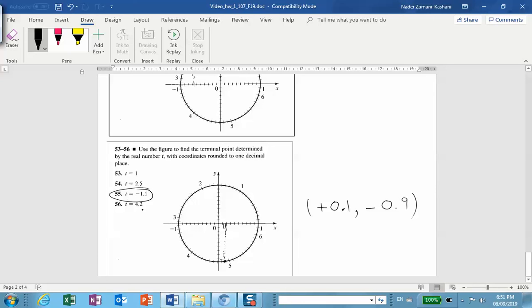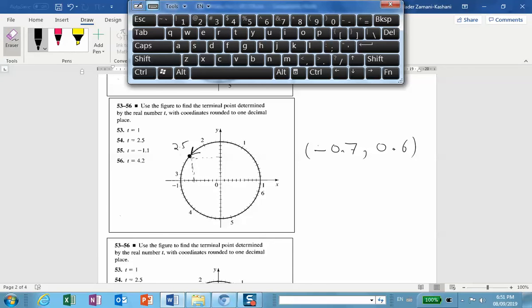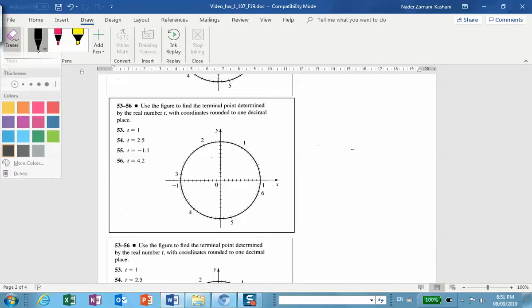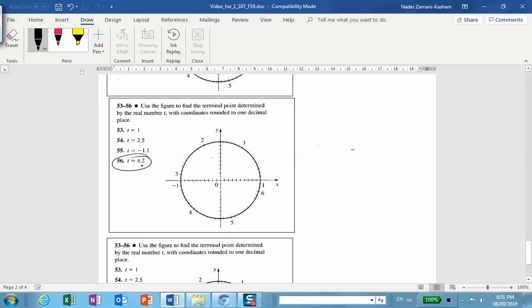Last one, 4.2. Let me do it over here. Let me erase this. We go 1, 2, 3, 4. 4.2 will land you right there.